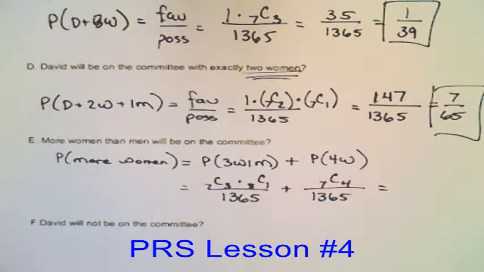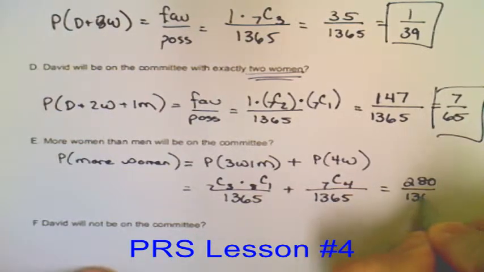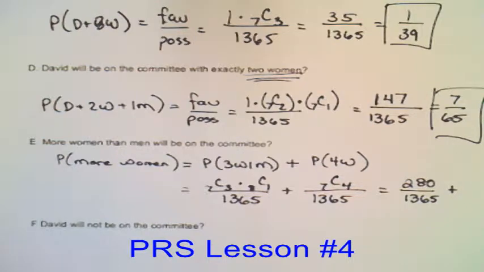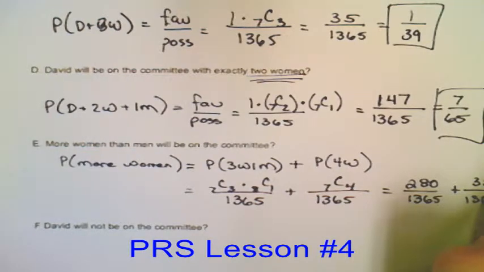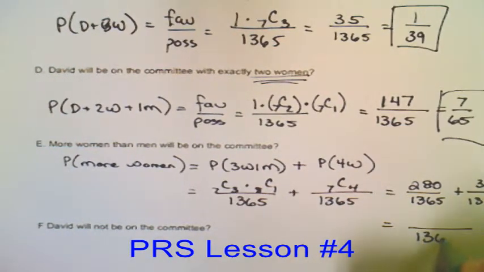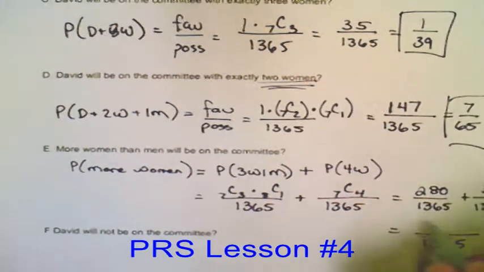3 women and 1 man. That's 7 choose 3 for the 3 women, and 8 choose 1 for the 1 man. Or I've got 7 choose 4 for the 4 women. So I've got these 2 fractions to figure out. 7 choose 3 is that, times 8 choose 1. It's 280 over 1365.